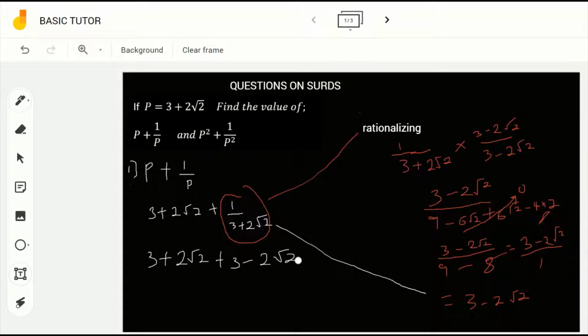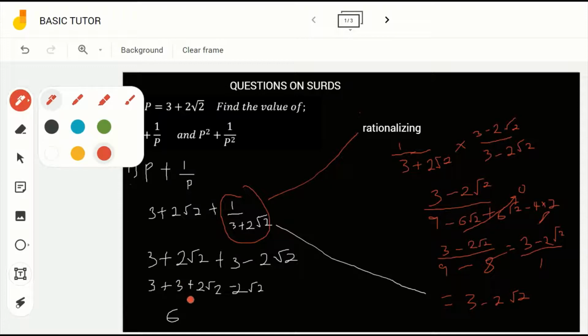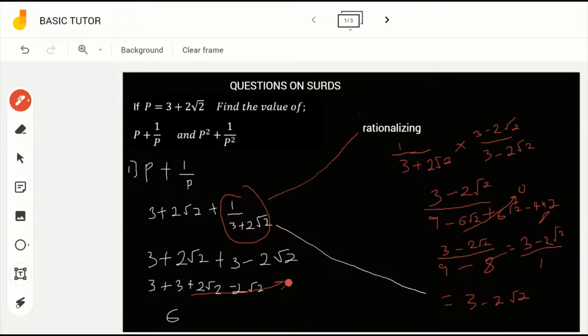Okay, so what next? We rearrange. So we have 3 plus 3, plus 2 root 2 minus 2 root 2. 3 plus 3 is 6, and plus 2 root 2 minus 2 root 2 gives us 0.